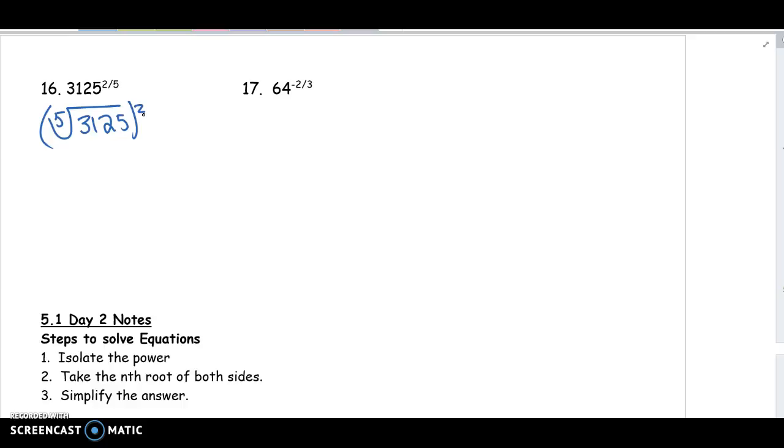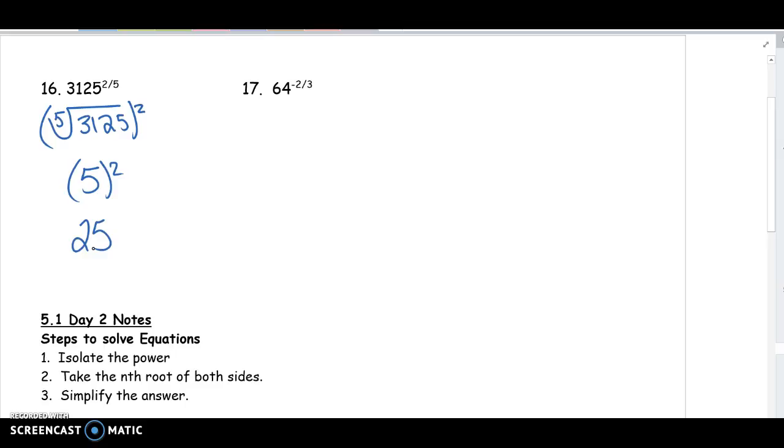What that student didn't realize was the index tells you where to look on the chart to find that number. So go to the 5th column, scan through the 5th column until you find 3125, and the 5th root of 3125 is 5. And then square 5, 25.